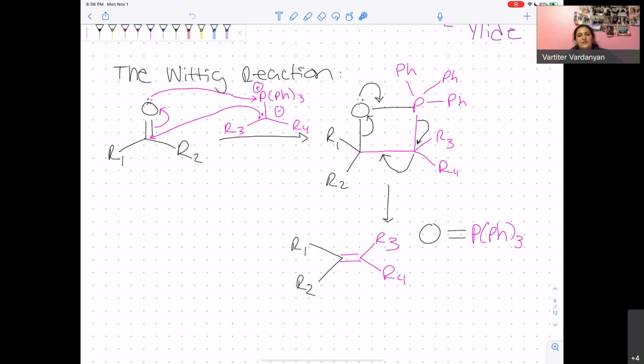Once we make the box intermediate, oxygen and phosphorus have a very high affinity for one another, so they want to be together. So oxygen is going to use its lone pair to attack here and make this bond.